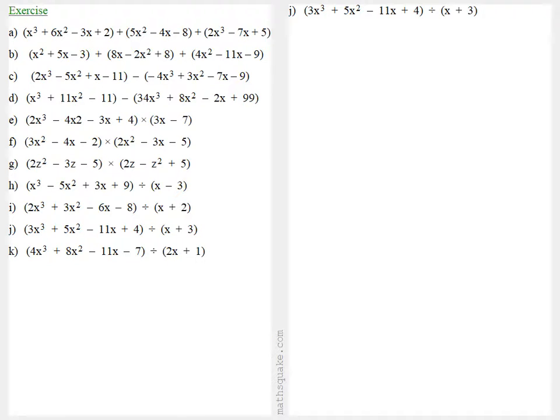In part J, we set up the division as a long division sum, and we start by dividing x into 3x cubed. Now that gives us 3x squared, which we write on the top in the x squared column. Now 3x squared times x plus 3 is 3x cubed plus 9x squared.